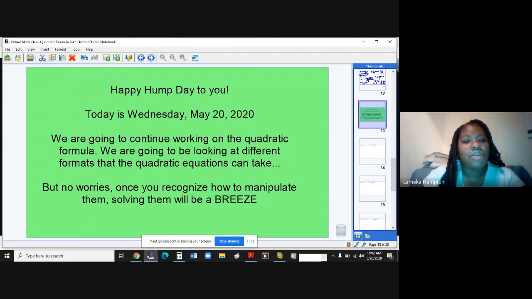And today we are going to be continuing with our work on the quadratic formula. Now, you may have noticed that some of the problems don't look the same. And they don't. They're not supposed to. We are going to be looking at the different formats that quadratic equations can take.